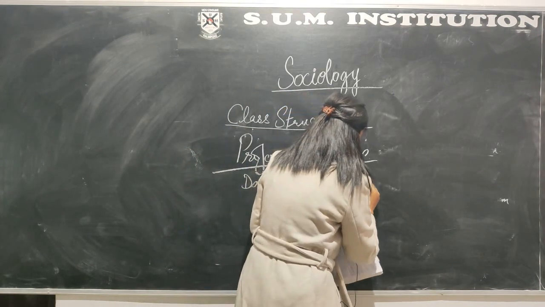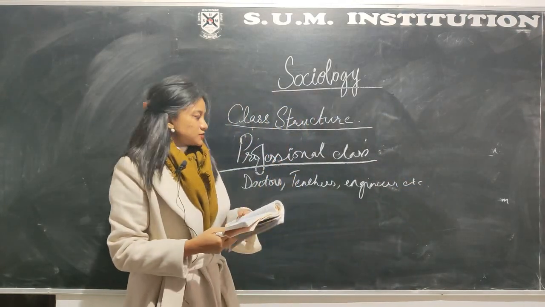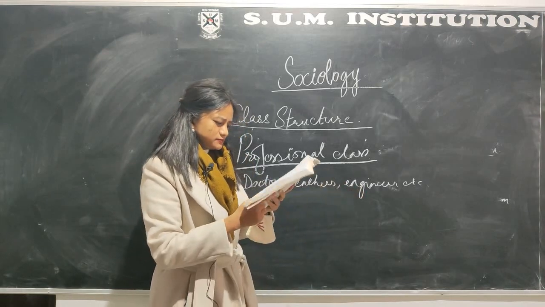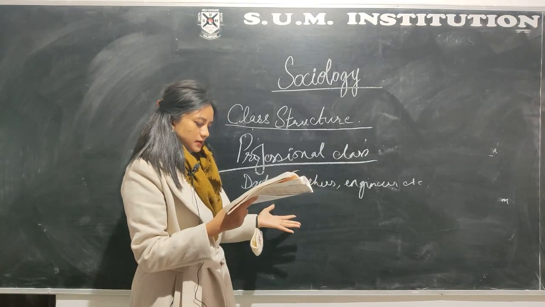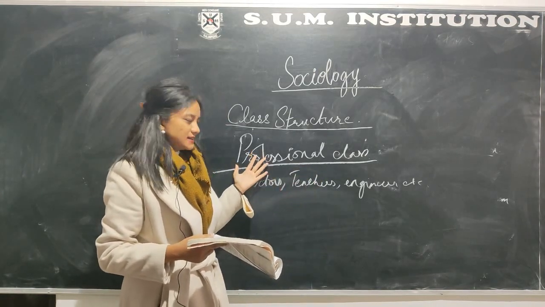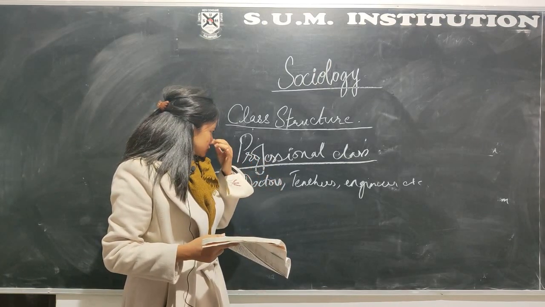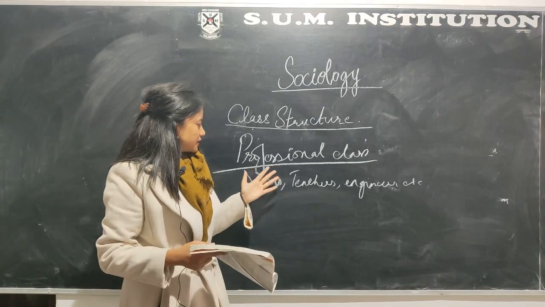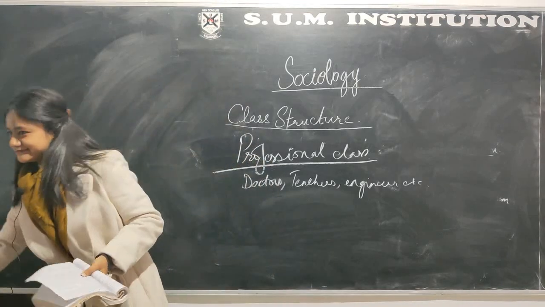In the professional class, we have doctors, teachers, engineers, bureaucrats, management executives, etc. They are professional in their own profession, which means they are well educated and they are called professional classes. They are the doctors, teachers, engineers, etc.